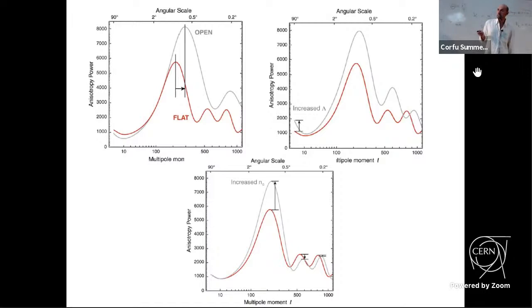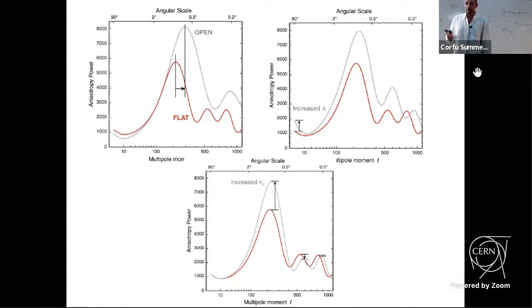I mean, we have several peaks, so for each we have a position along the multipole line and an amplitude. So by changing the parameters, you will affect both the position and the amplitude. So if you change the curvature of the universe, you will find a different spectrum.